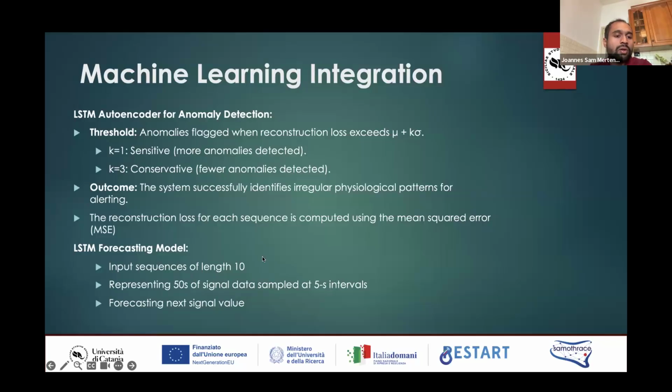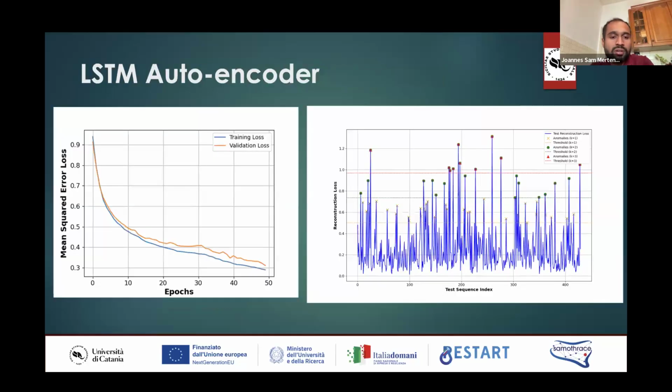And we also had the LSTM forecasting model, and this takes the past 10 values of the heart rate. We downsample the data, so we have one value for every 5 seconds. So when I say a length of 10, it means the past 50 seconds of values to predict what is happening in the next 5 seconds. And these were some of the results we obtained.